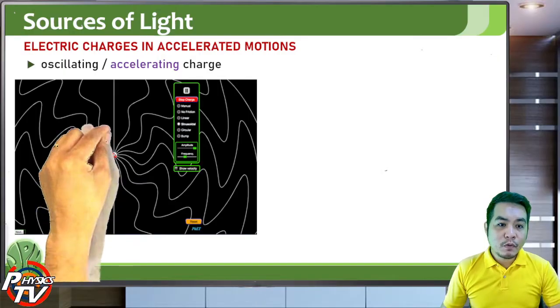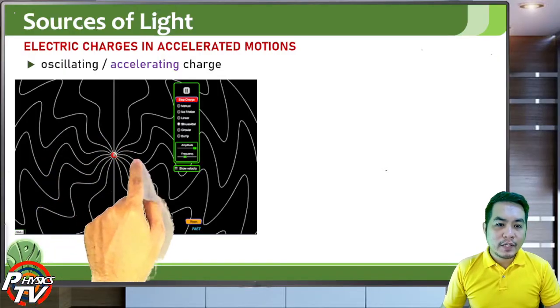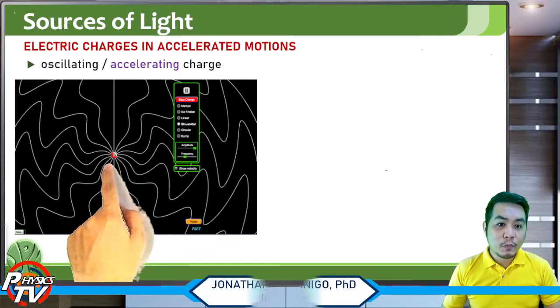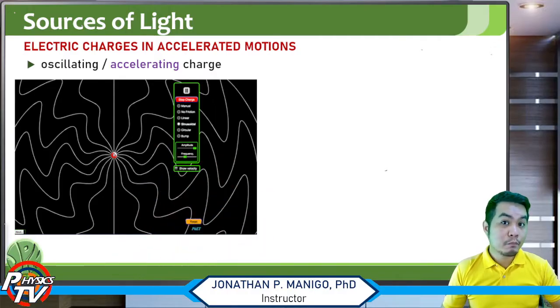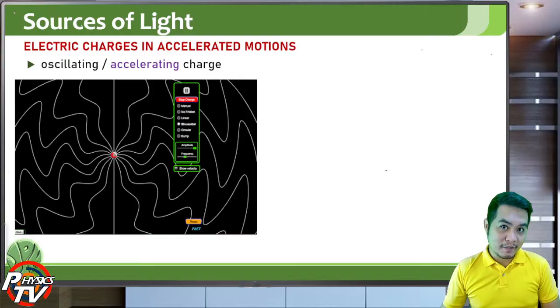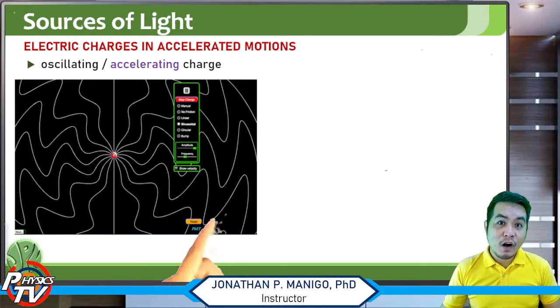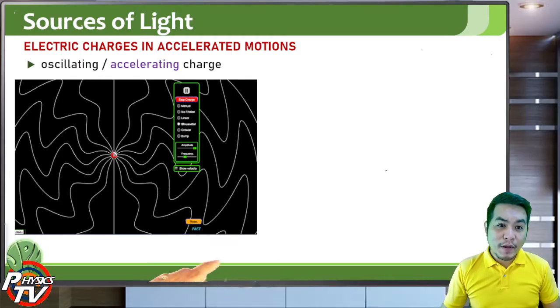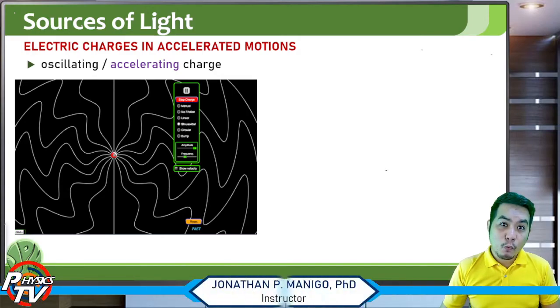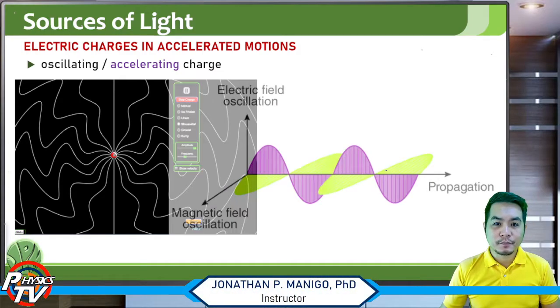If it moves up and down, its electromagnetic field lines will also wave. That creates an electromagnetic wave, or light. It's just the electric and magnetic field lines that are waving.